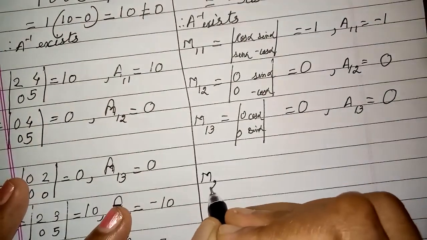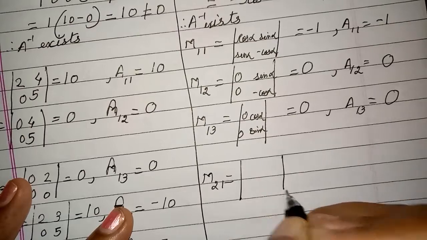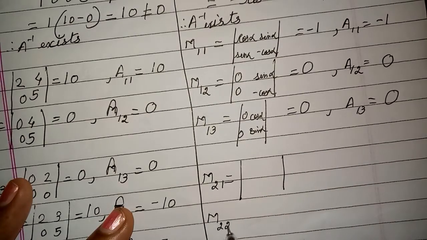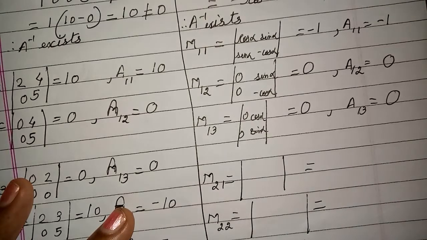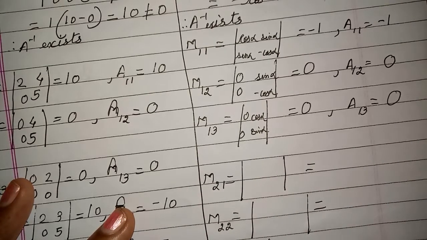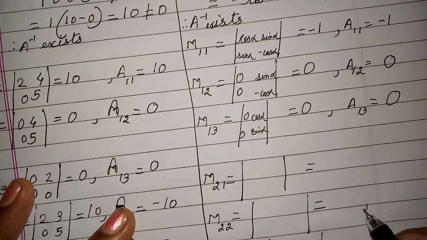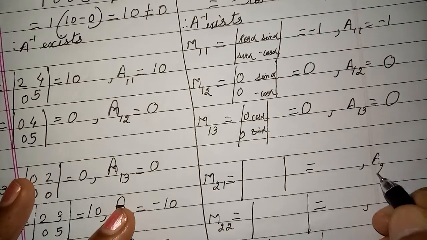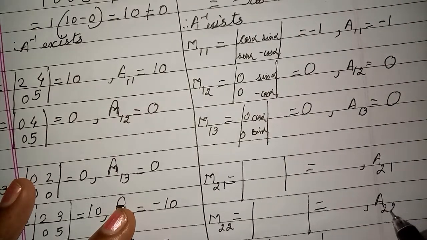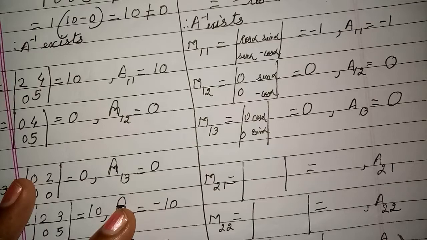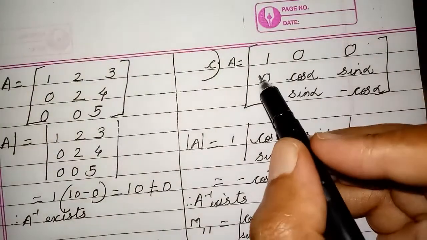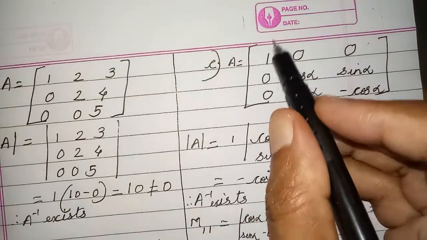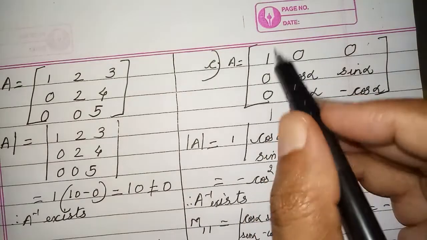Now M21, M22, M23. M21, second row, first column.